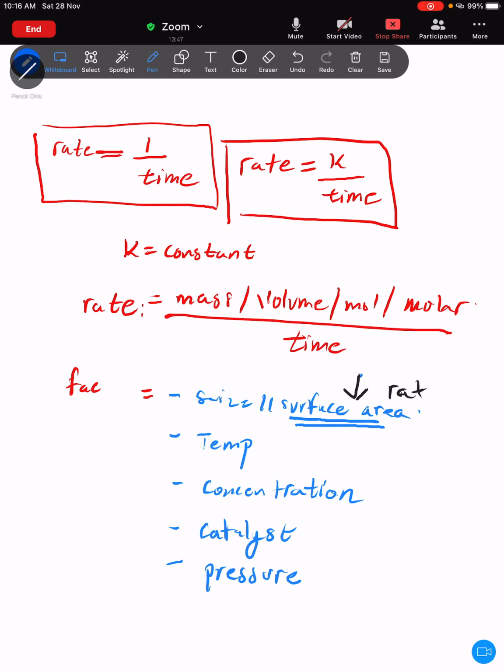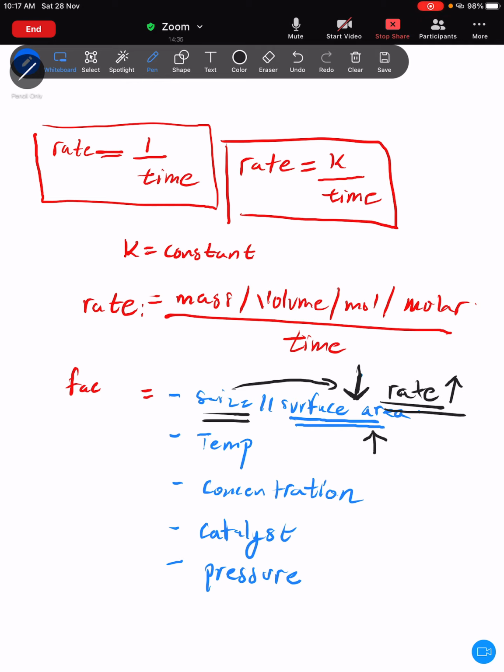Yeah, sorry, you are right. Okay, the smaller the size, the bigger the surface area. It's vice versa. Sorry, guys and girls. Okay, the smaller the size, the higher the rate of reaction, because a smaller size has a bigger surface area. Okay, sorry for that part.